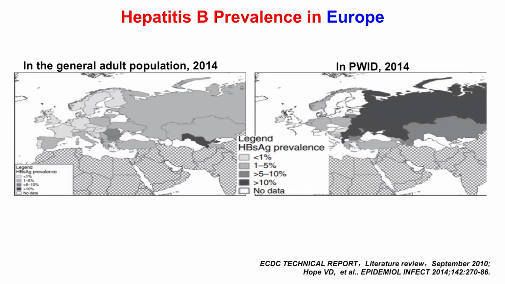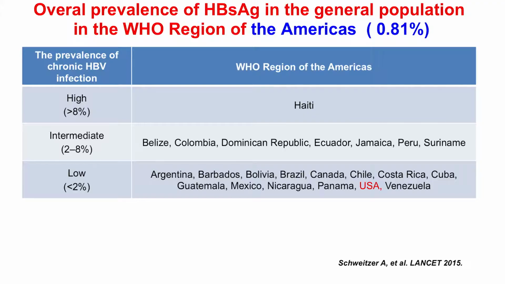However, if we look at the prevalence in specific populations, in the right panel, in persons who inject drugs, the prevalence is much higher than in the general population. This would be one source of the problem, and another problem is immigration from other endemic parts of the world. Now in the Americas, prevalence is less than 1%, even lower than the general population.